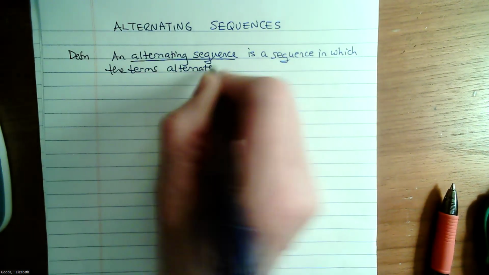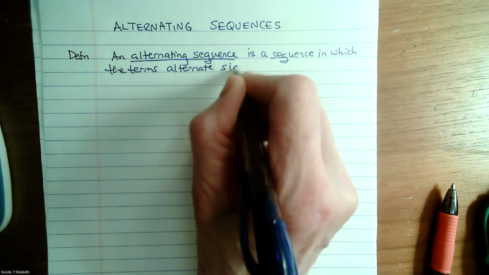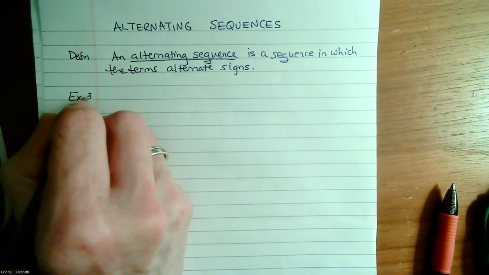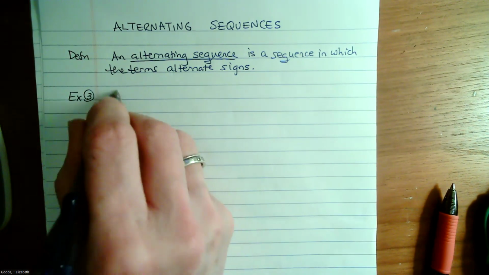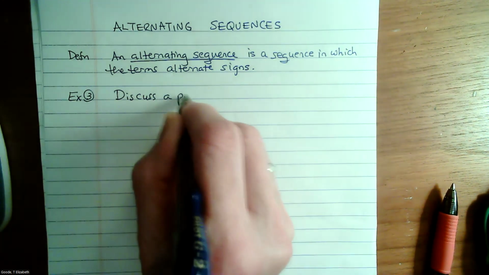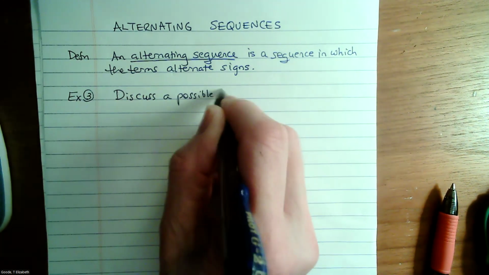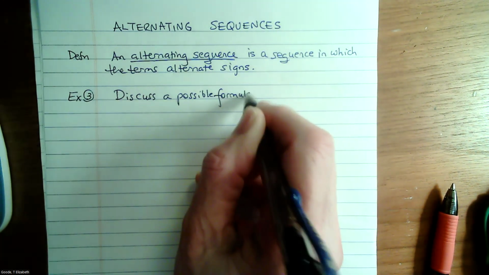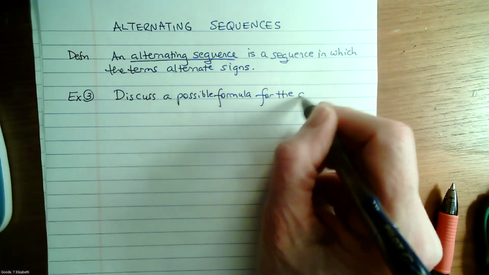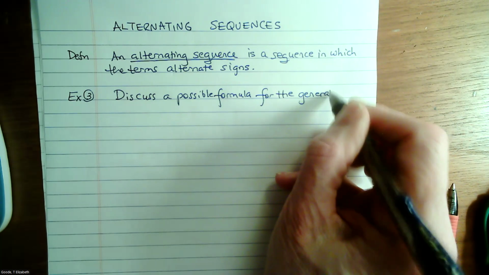And there's a trick for making that happen mathematically. So let's discuss a possible formula for the general term of this sequence.